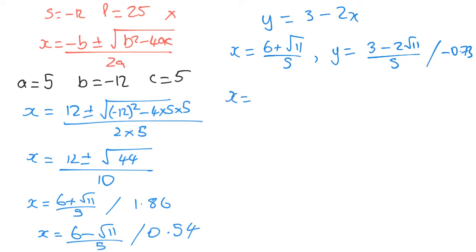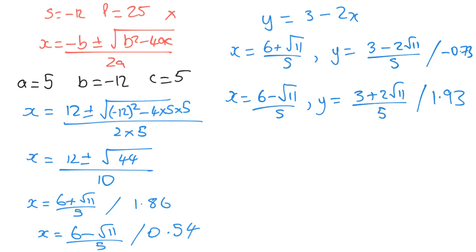And when x equals (6 minus the square root of 11) over 5, y is 3 minus 2 times x, which is 3 plus (2 square root of 11) over 5, or 1.93. So then those are the answers.